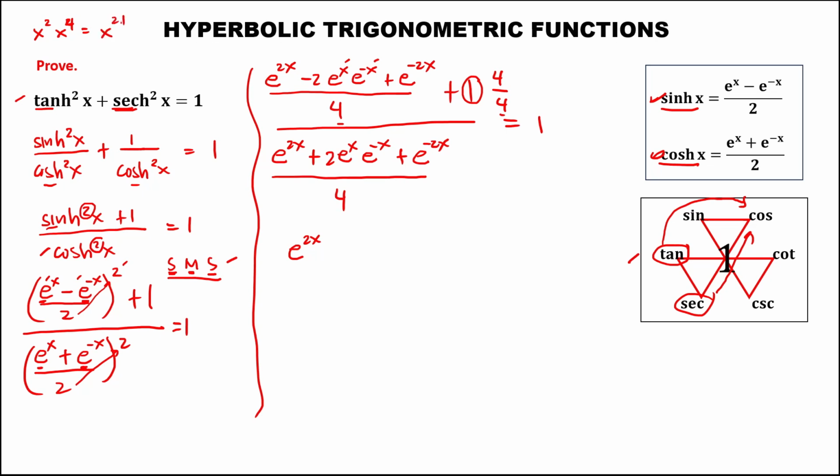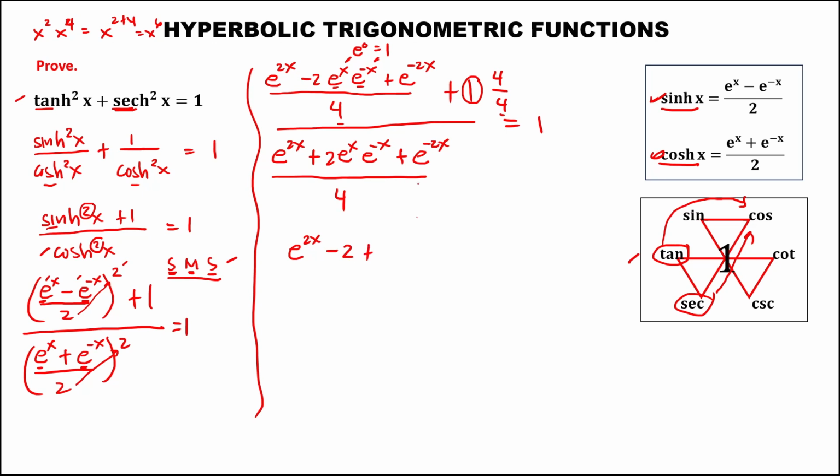Since the same base and x minus x, this one is e to the power 0, and e to the power 0 is equal to 1. So 1 times negative 2, this is negative 2.